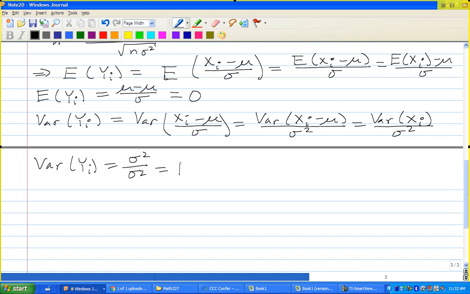Next, Zn is equal to the sum i equal 1 to n of xi minus n mu over radical n sigma squared.